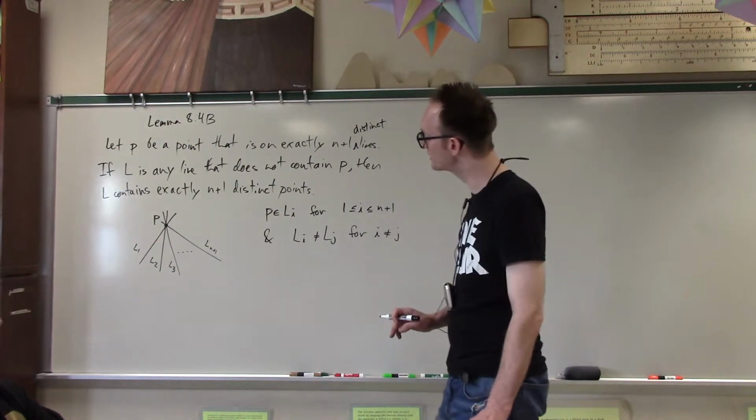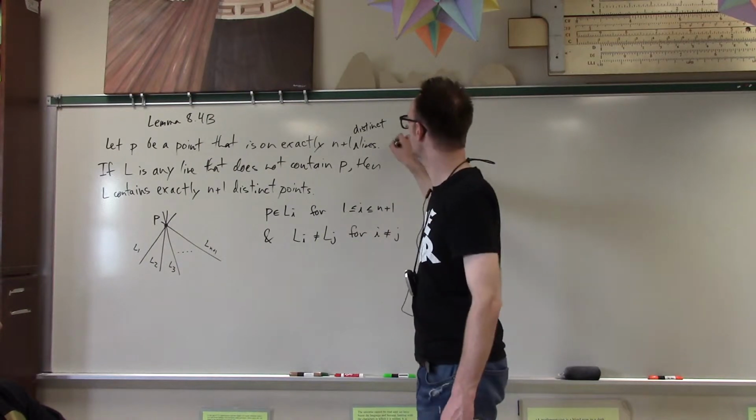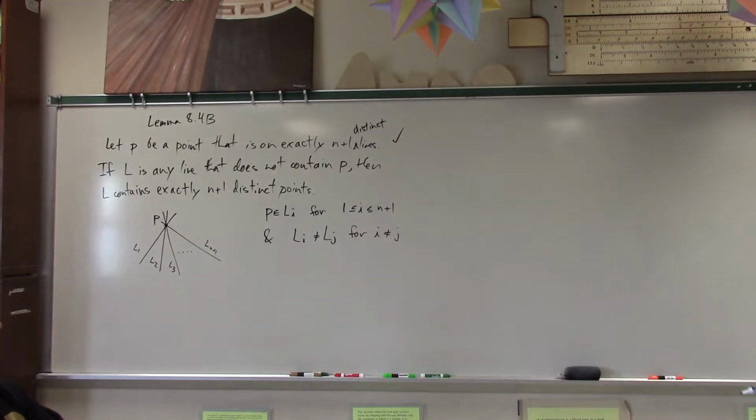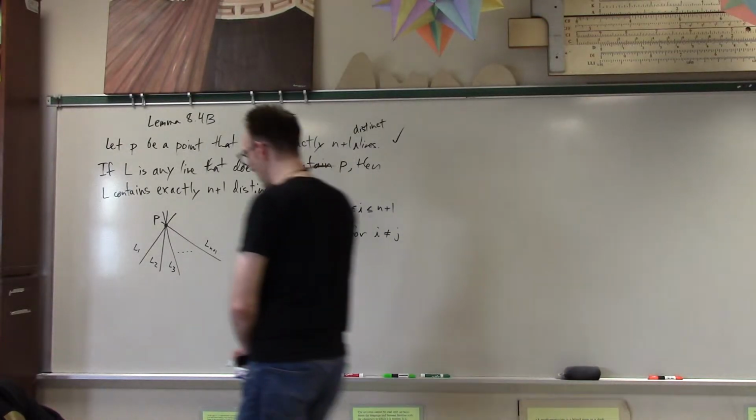That was just us writing out the condition of the theorem. Now, what does the theorem actually say? It says if L is any line that does not contain P, then L contains exactly n+1 distinct points.